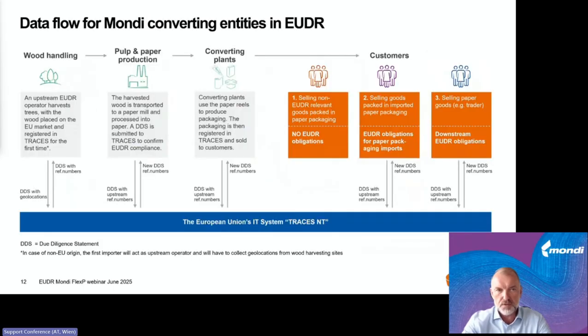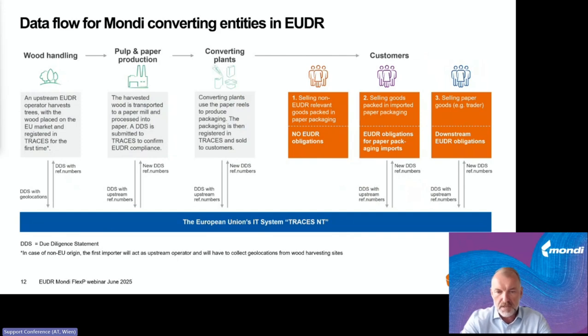You can see there also the start of the process, which we've already described for paper mills. The basic logic is the same and it's fully in line with the EUDR requirements. Nevertheless, on the converting side, we've got one advantage: our converting units are able to assign properly the paper received from the paper production to respective production orders on their side.